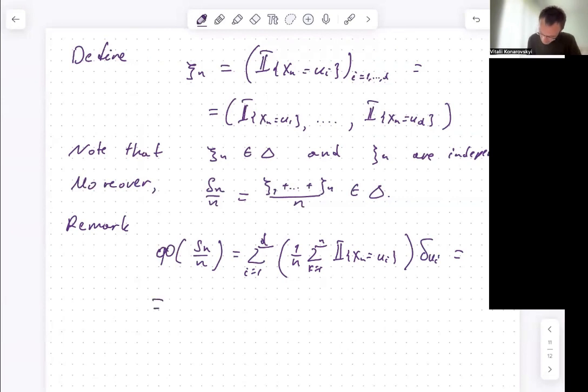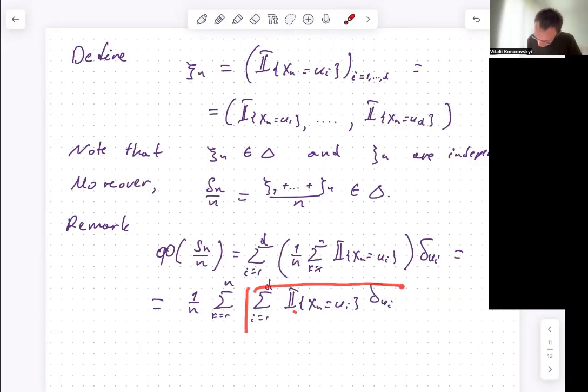But you can interchange the two sums and you will see that it is a sum k from 1 to n, and then you have the sum i from 1 to d, and then there is the indicator of xk equal to ui, times delta ui. And now let's note that in this sum only one indicator is not zero, only the indicator for that ue for which xk is equal to ue.